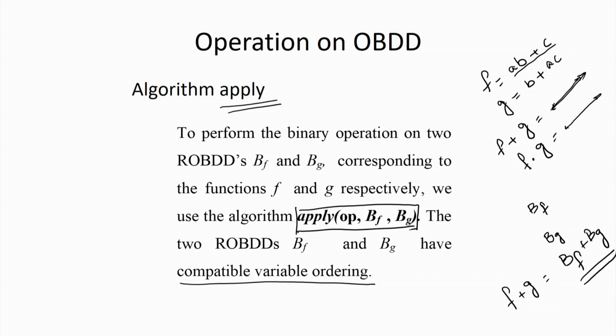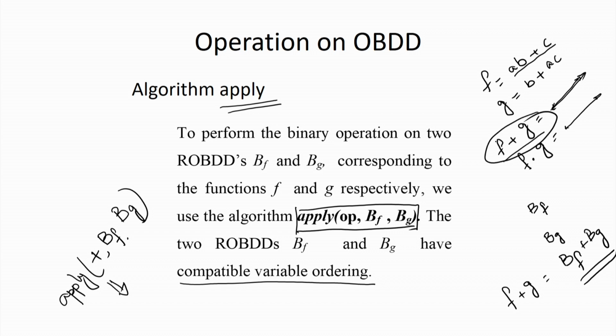Now, if I want to perform f plus g, I can use apply plus, Bf and Bg. Whatever BDD we get is the BDD representation of the operation f plus g.